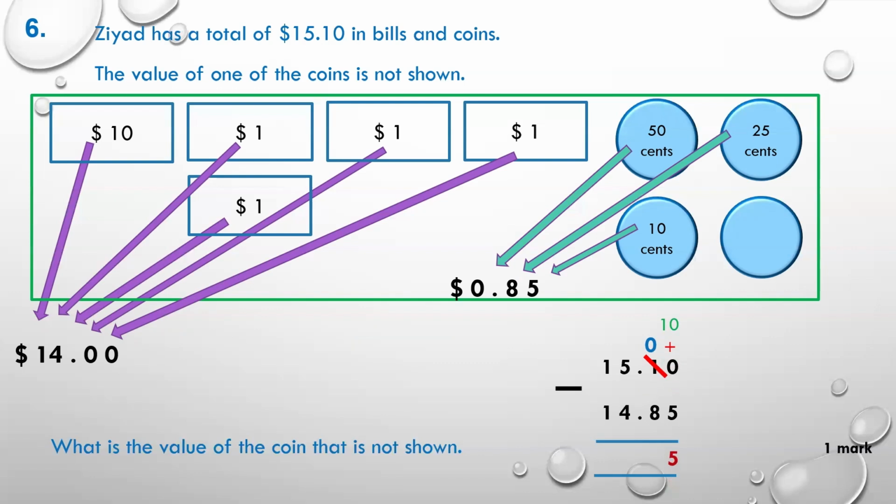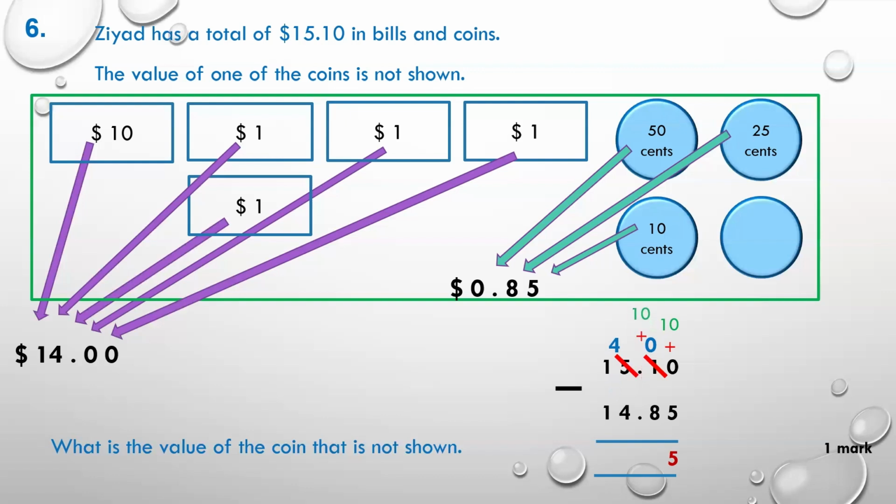Now let's look at the 10 cent pieces. We have no 10 cent pieces, 0, but we would like to subtract 8 of those. How do we do that? We need to regroup or borrow. So we're borrowing from the dollars. We had 5 $1 bills, and we're going to borrow. So we're left with 4. So that $1 bill becomes how many 10 cent pieces? 10 10 cent pieces makes a dollar.